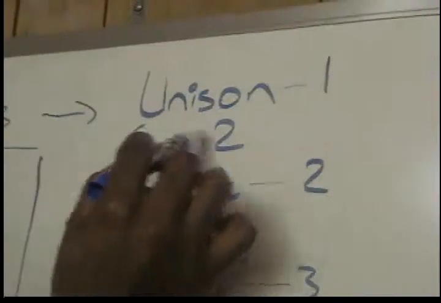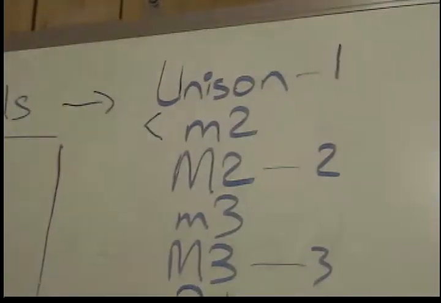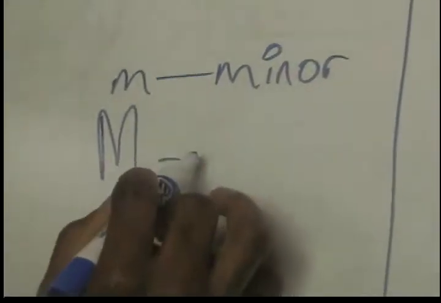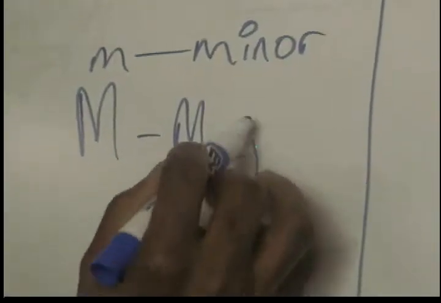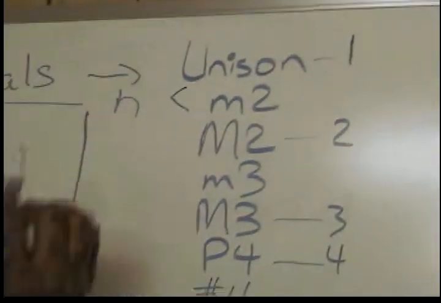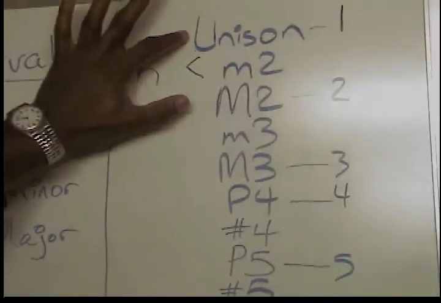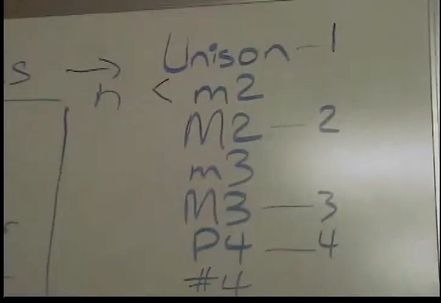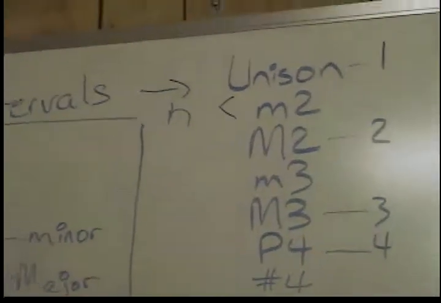From unison to minor, the little m means minor. The capital M is major. So from each interval is a half step. So from 1 to minor 2 is a half step.